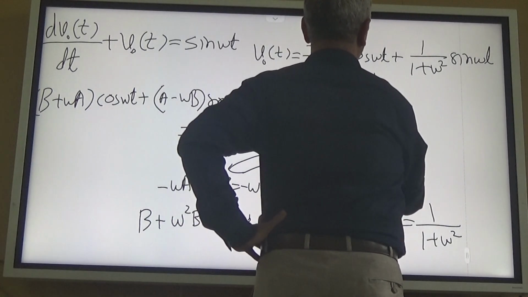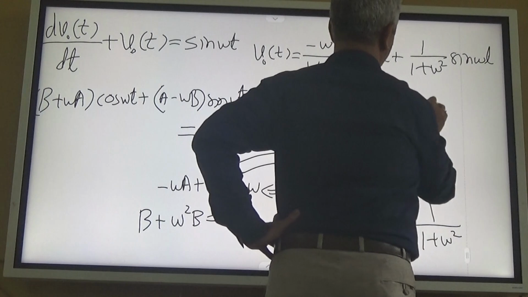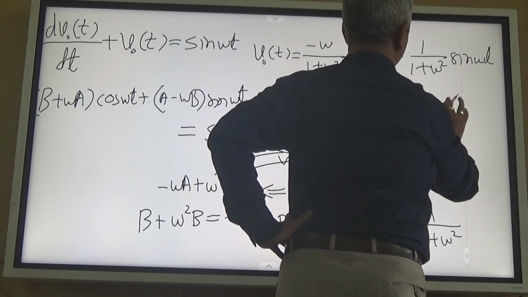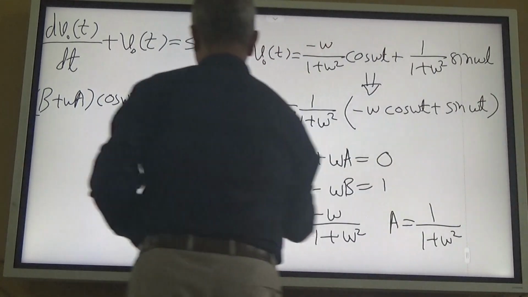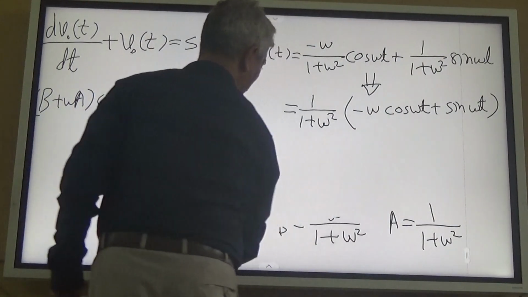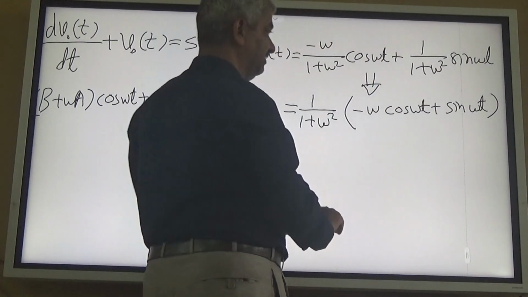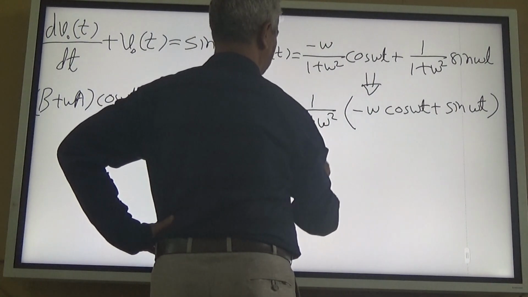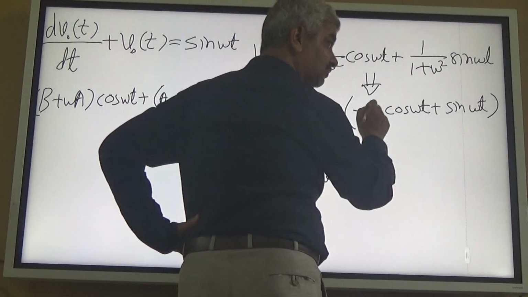And in the bracket what do I write? Minus omega cos omega t plus sin omega t. So what do I get here now, this is simple, a cos omega t plus b sin omega t, that is equal to 1 upon 1 plus omega square as it is, square root of a square plus b square.